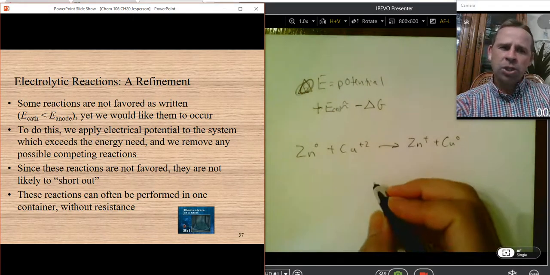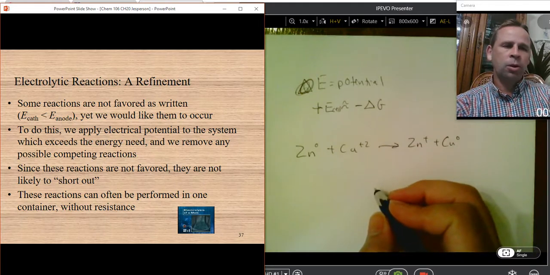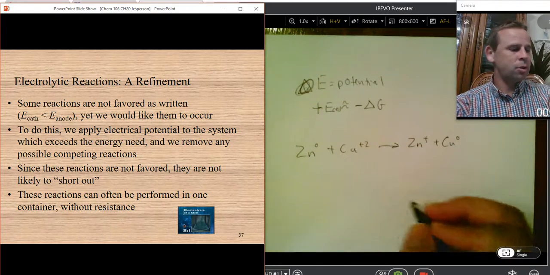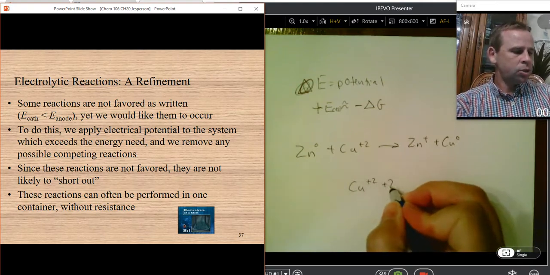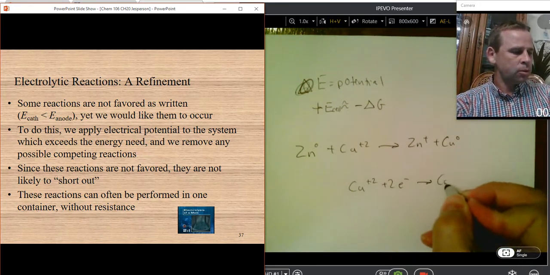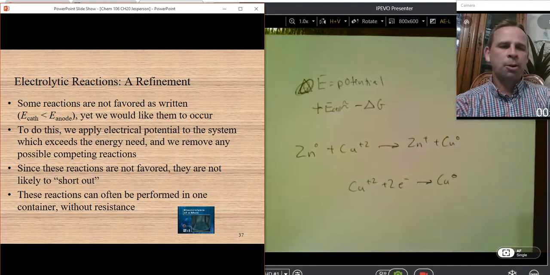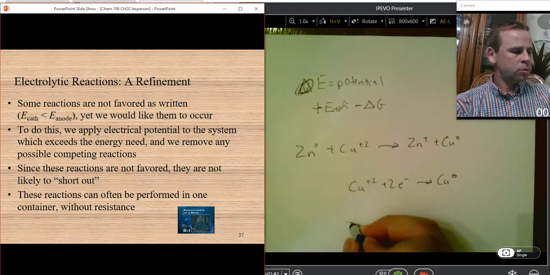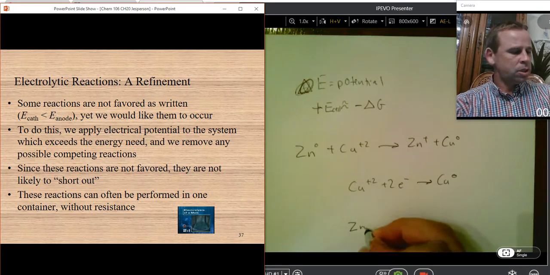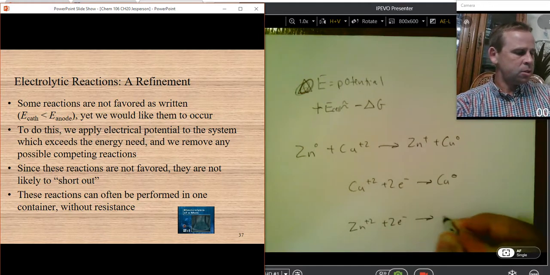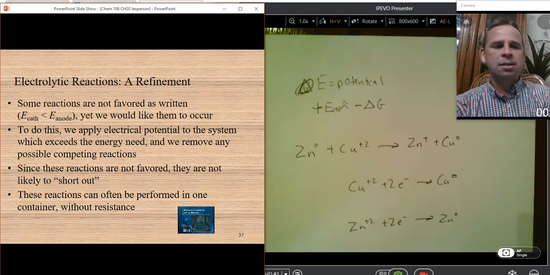Now, reduction means that we're gaining electrons. So here you would have the copper ion gaining 2 electrons to form metallic copper. And we would also have in our table of reduction potentials zinc ions gaining electrons to form metallic zinc.